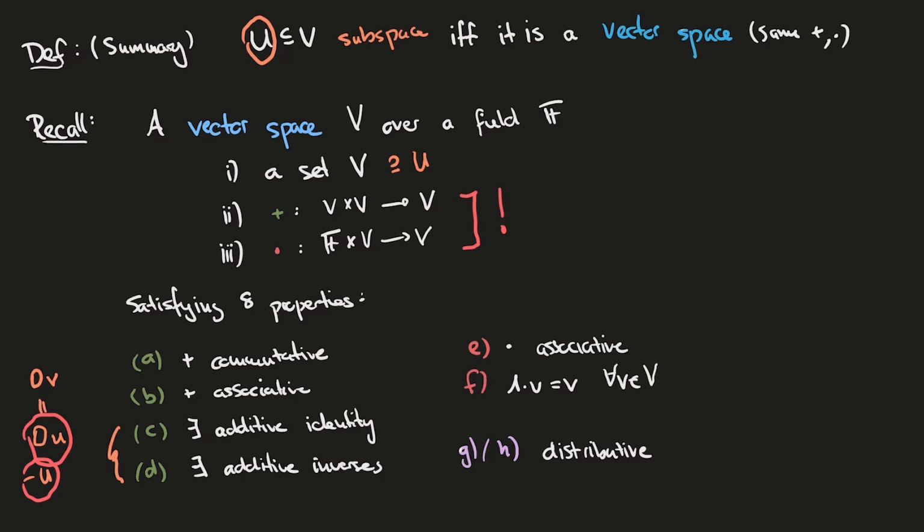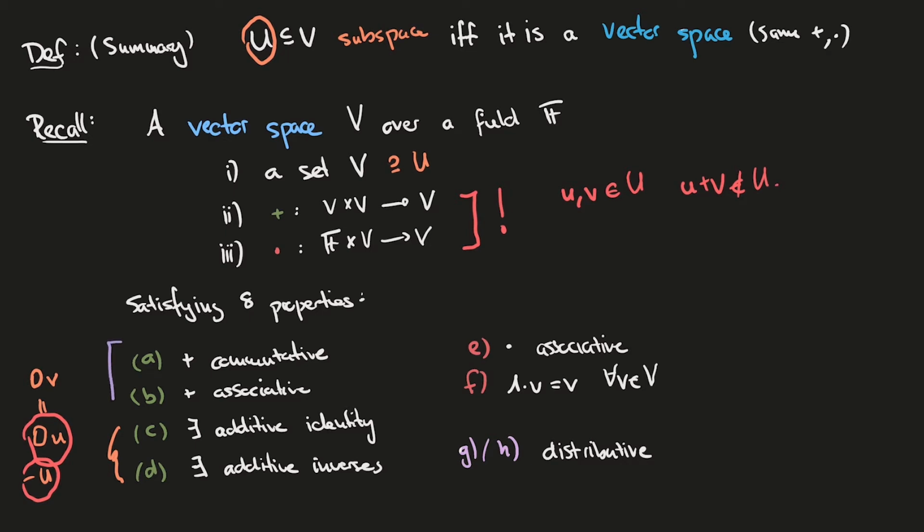Another way of saying this is to say that U could fail to be closed under addition or scalar multiplication. Abstractly, this failure of closure would be to have elements u and v in U, but not have u plus v in U. So this is the situation we want to avoid.